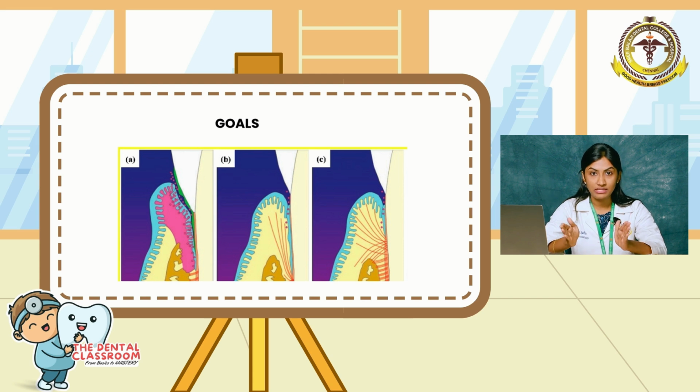As depicted, the fibers are arranged in an organized way, of oblique or perpendicular type, between the newly formed cementum and newly formed bone, which is gained from the cementoblasts and osteoblasts. This is the goal we are going to achieve during periodontal regenerative therapies.